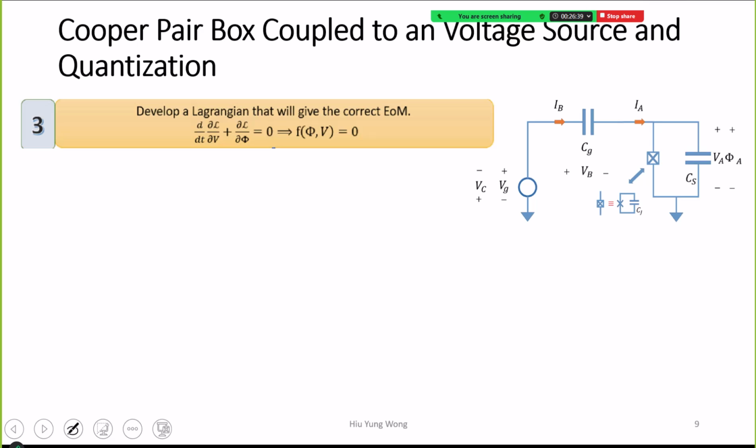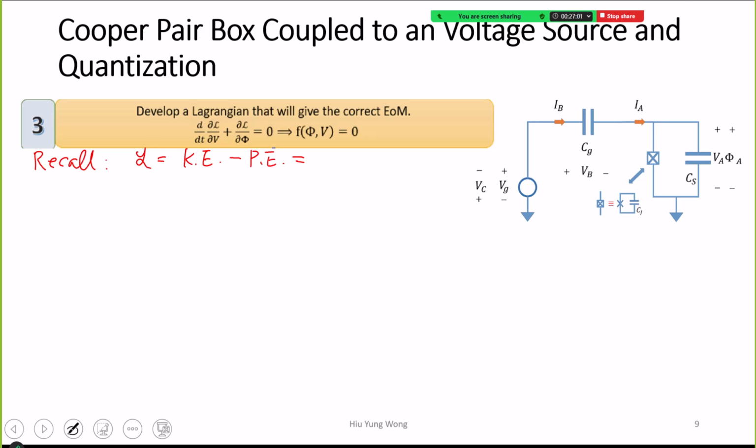But we can guess, right? First of all, I recall what the Lagrangian is. Lagrangian equals the kinetic energy minus the potential energy, right? We can guess, it might not be correct because it depends on how complicated the circuit is.